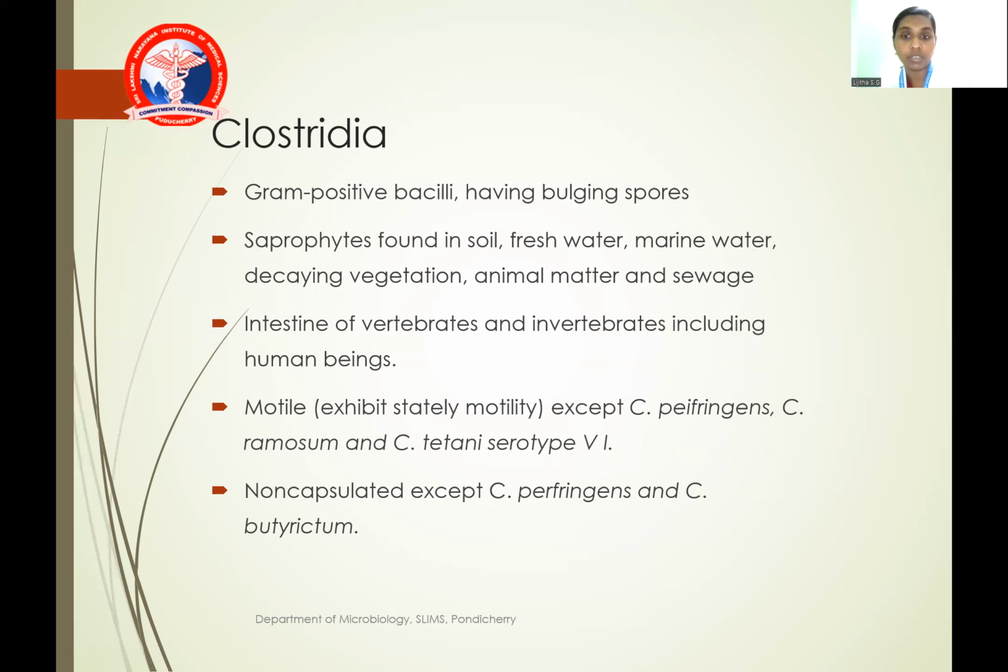There are exceptions. One is Clostridium perfringens. The other one is Clostridium tetani, serotype 6. They are non-capsulated except Clostridium perfringens and Clostridium butyricum. So you can remember Clostridium perfringens for both. That is, all Clostridia are motile and non-capsulated except Clostridium perfringens, which is non-motile and capsulated. Okay, so you can remember like that.